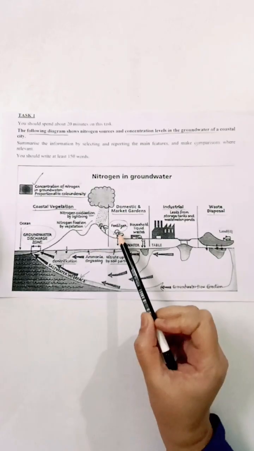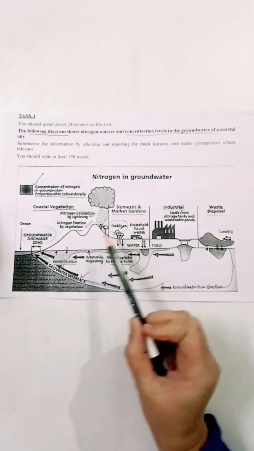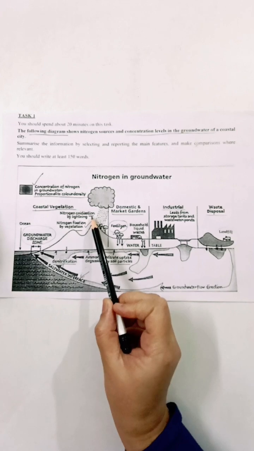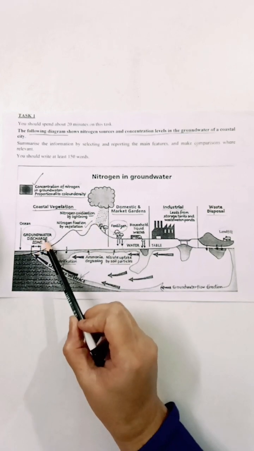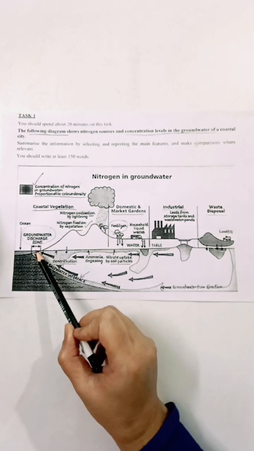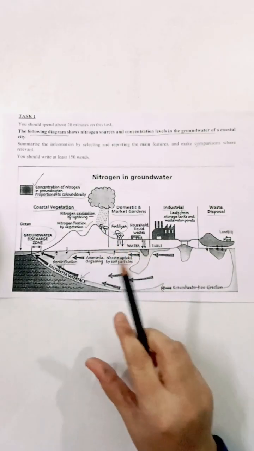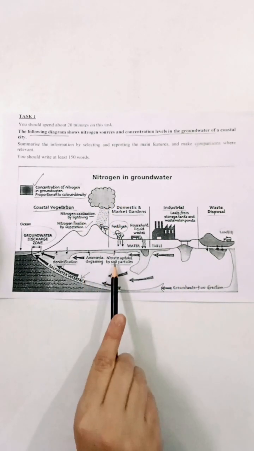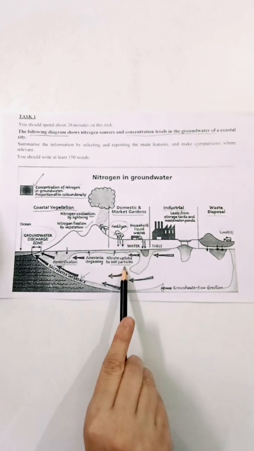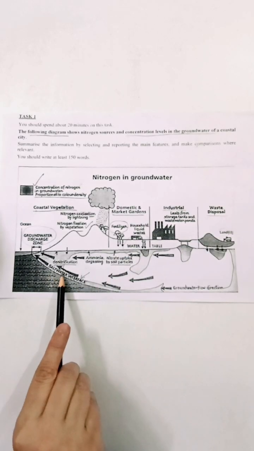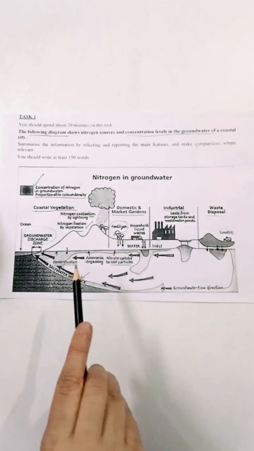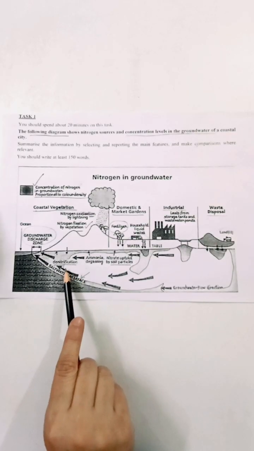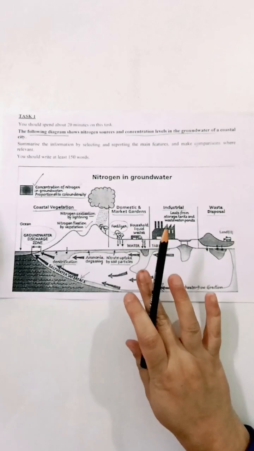So one thing I have taken: fertilizer, nitrogen fixation by vegetation, oxidation, and this is groundwater discharge zone. I have to make sentences by using these things: nitrogen uptake by soil particles, salt water interface, then I have to talk about denitrification.